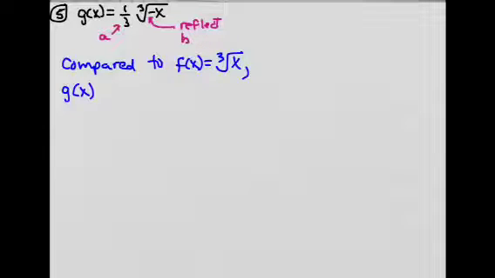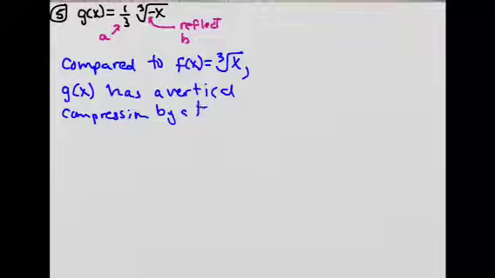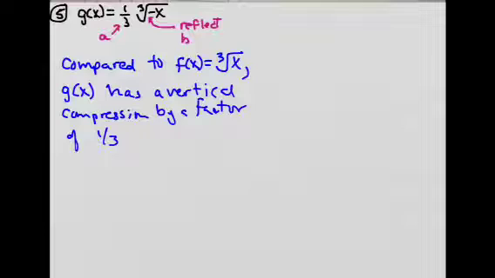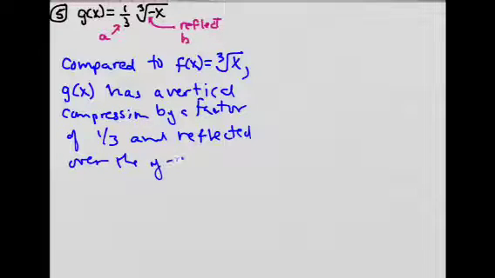So you would write, compared to f of x, g of x has a vertical, so I'm talking about the a first, vertical compression by a factor of 1/3 and reflected over the y-axis, because since the b is negative, it's a reflection over the y-axis, that negative in front of the x but inside of the radical.